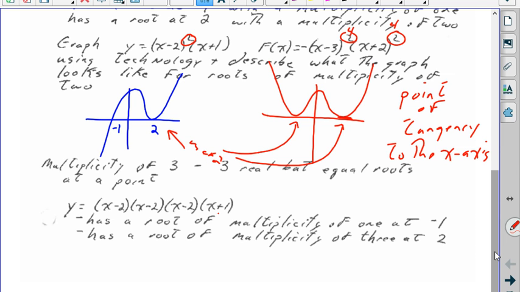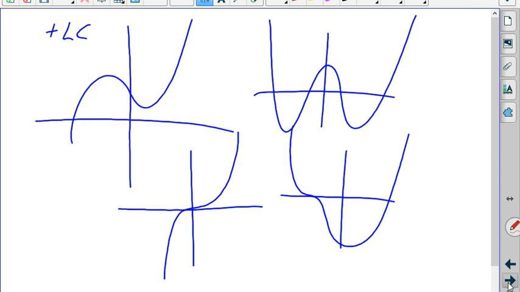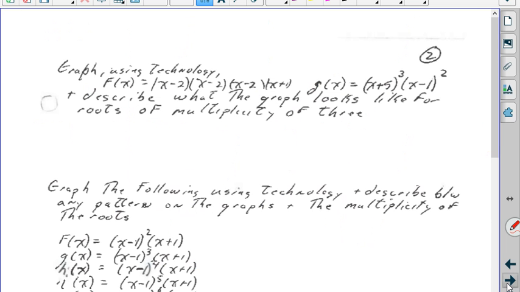So again, this would be written x minus 2 cubed, x plus 1. Now, use your technology to graph those, and make a little bit of a sketch, and see what happens at those. I've already used the term that I'm going to use.